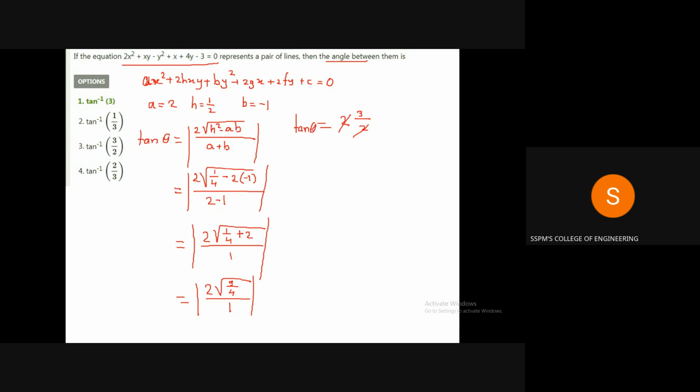So tan theta is equal to 3, and theta is equal to tan inverse of 3. Remember this formula: the acute angle between two lines is given by tan theta is equal to mod of 2 root h square minus ab divided by a plus b. Now next question.